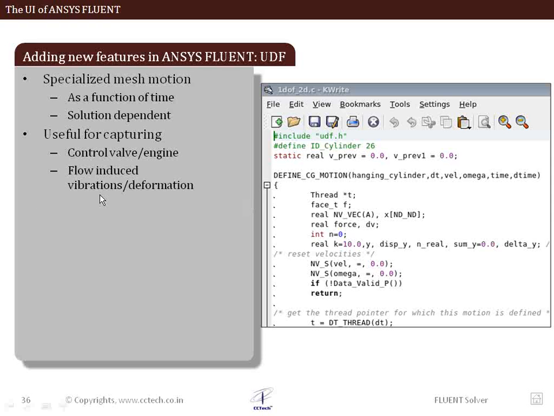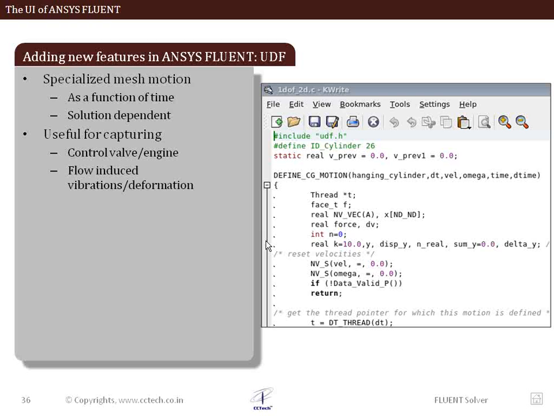So you can have such flow induced vibrations or deformations taken into account for FSI applications, that is fluid structure interaction applications. This is very helpful for such special kinds of operations. Using a user-defined function, you can define the motion of your wall boundaries or even some other boundaries, which can be very helpful in analyzing the problem. Accordingly, the mesh can be changed as well using some inbuilt options in ANSYS Fluent for mesh deformation.